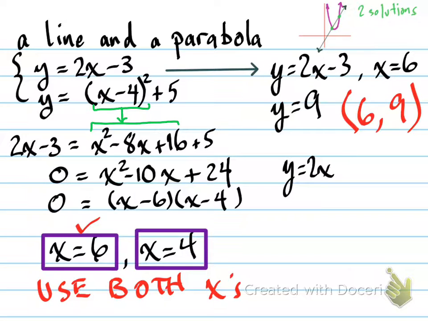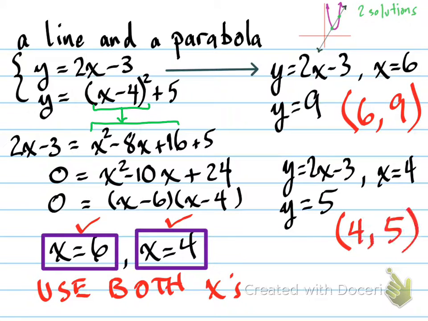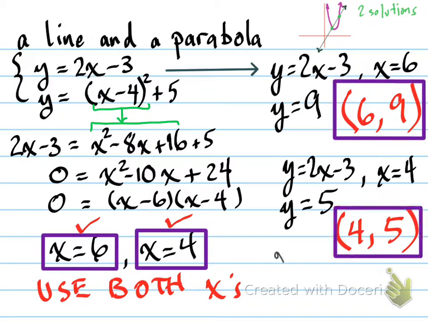Let's try this again with the other x value, x equals 4, and 8 minus 3 is 5. So when x equals 4, y equals 5. And yes, indeed, the algebra checks out. Those are the solutions to that system of equations. Two intersection points, and there are the coordinates for each one of those points.